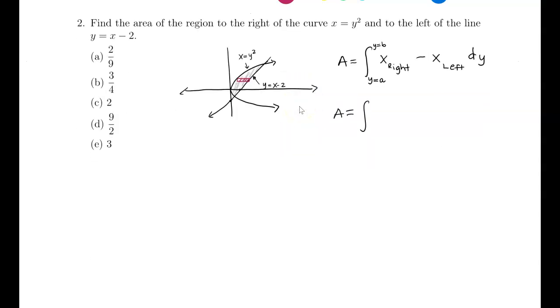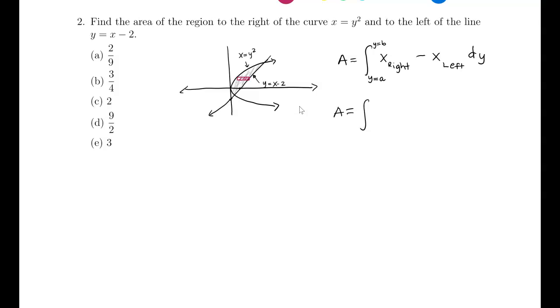So we are going to solve y equal to x minus 2. We will isolate x so that we could have x in terms of y. To do that, we can just move the negative 2 to the other side of the equation. That gives us y plus 2 equal to x.